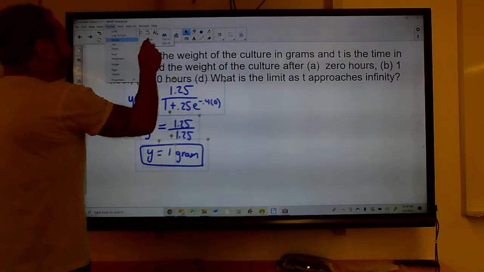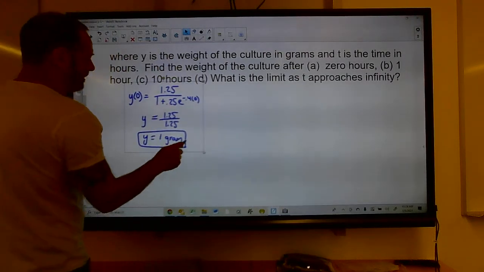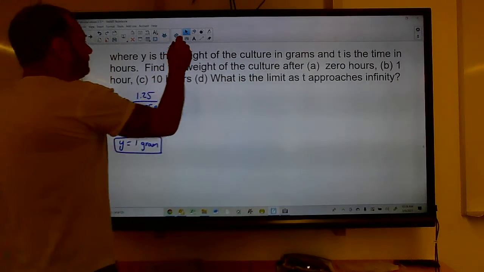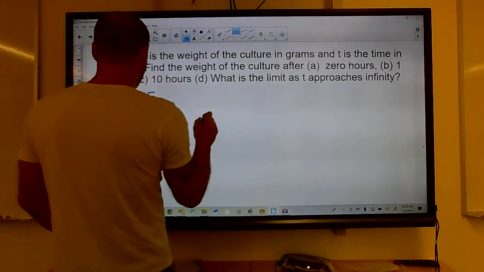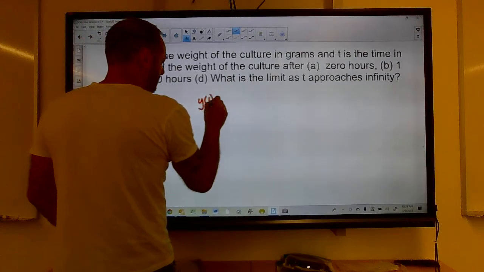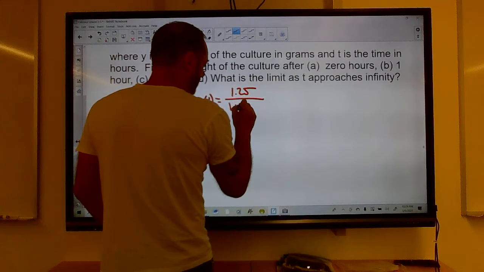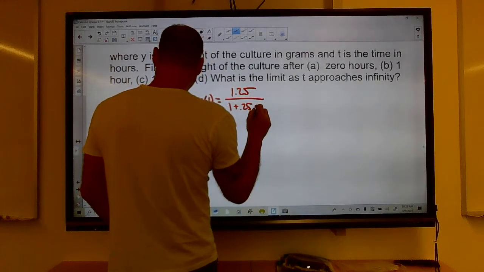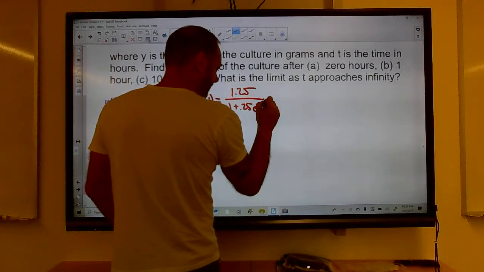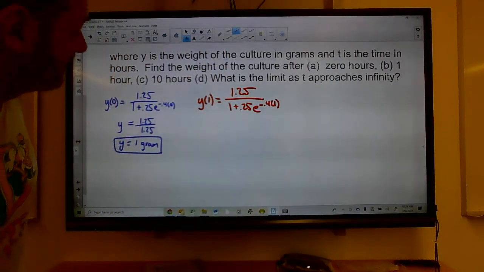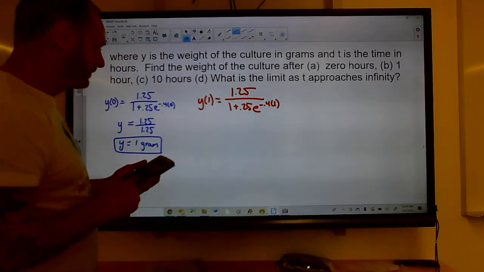Let's make some room here. So now let's try at 1 hour. So this would be y of 1, 1.25 over 1 plus 0.25 e to the negative 0.4 times 1. Well, that's just going to be e to the negative 0.4 power.